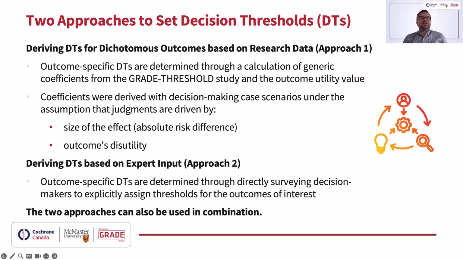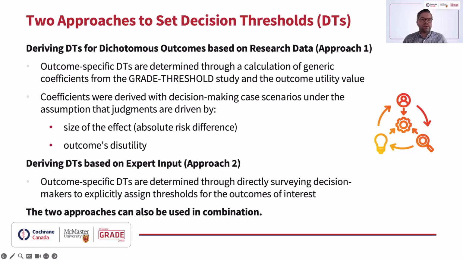So in GRADE guidance 42, we set two approaches to determine decision thresholds. One is deriving the decision thresholds for dichotomous outcomes based on the GRADE threshold study. This method considers that the outcome-specific thresholds are determined through a calculation of generic coefficients, which we derived from this GRADE threshold study, and an outcome's utility value.